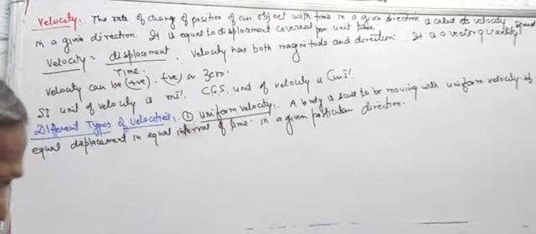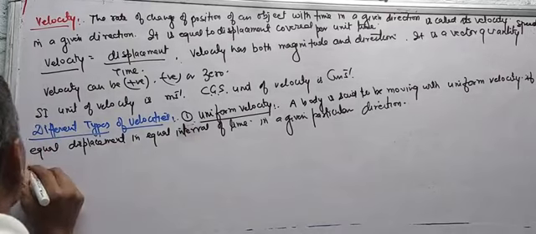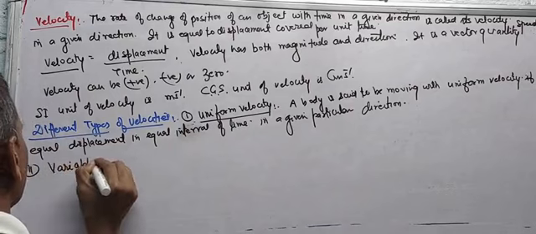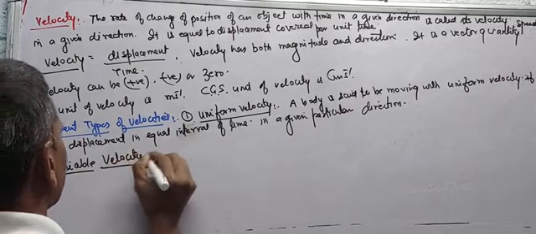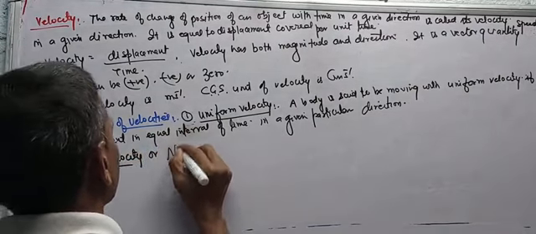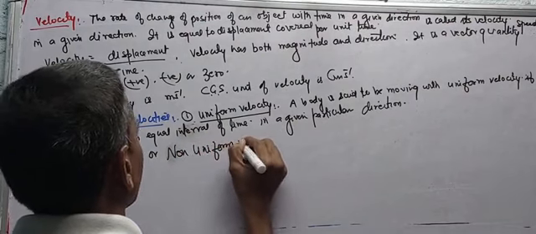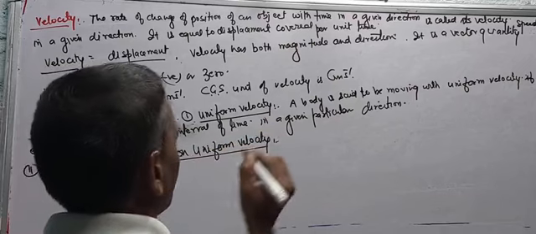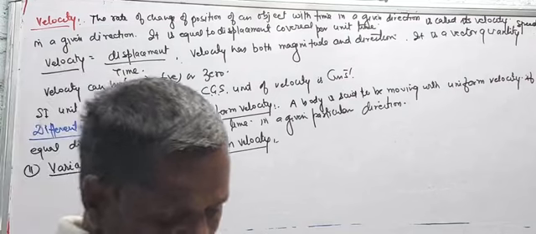Number 2, variable velocity or non-uniform velocity.